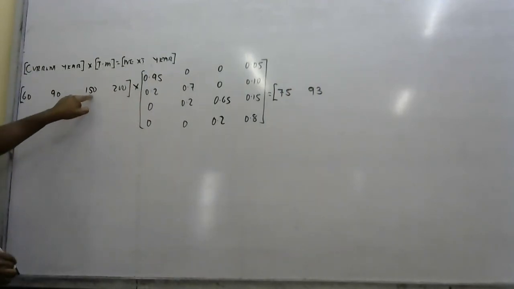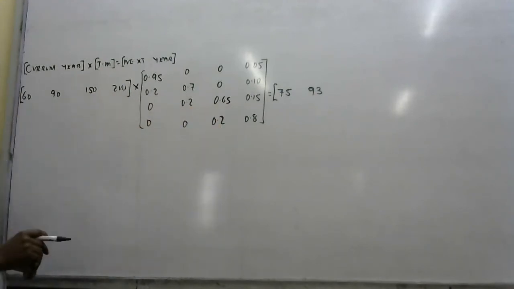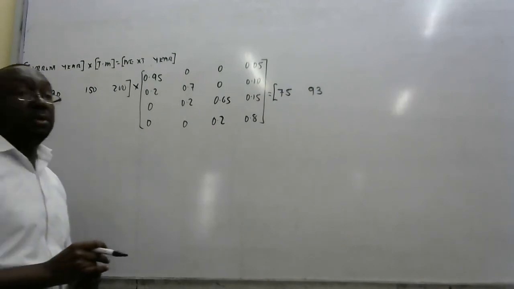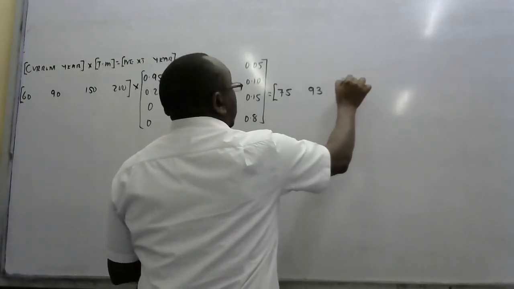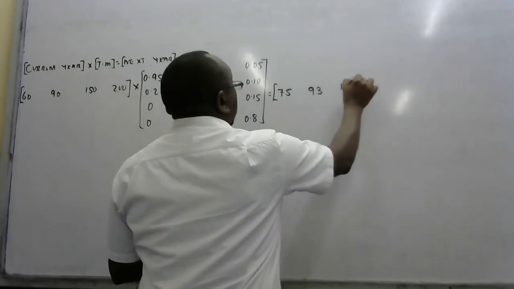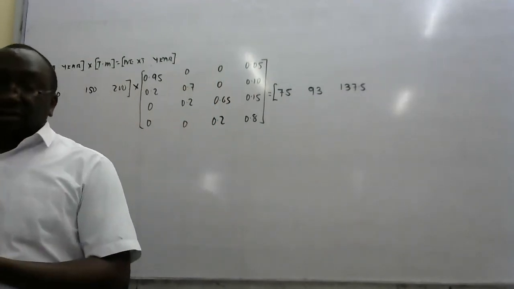Give me 150 times 0.65 plus 200 times 0.2. We can still take human beings as 0.5. Still okay.